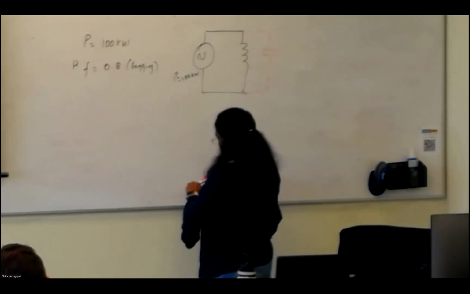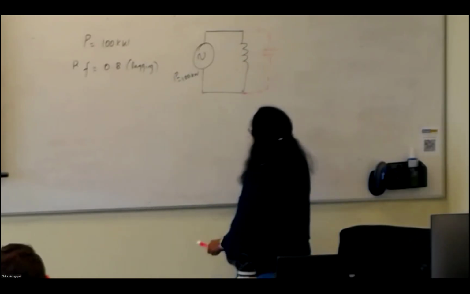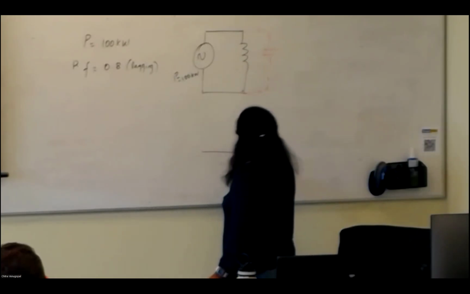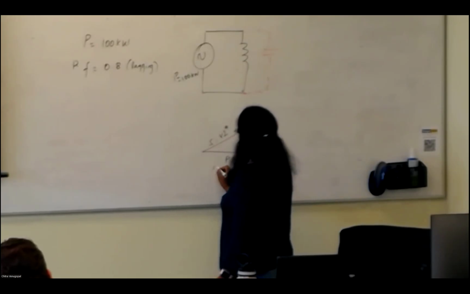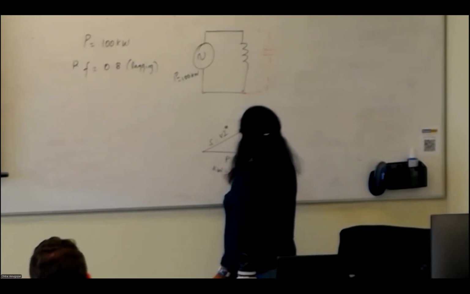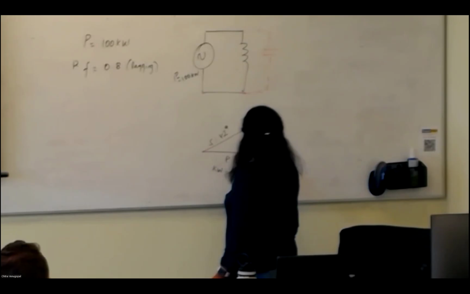And this capacitor, so when you draw the power triangle, the normal power triangle is like this. P, Q, apparent power, V, I conjugate. This is kW, V I cos(δ minus β).